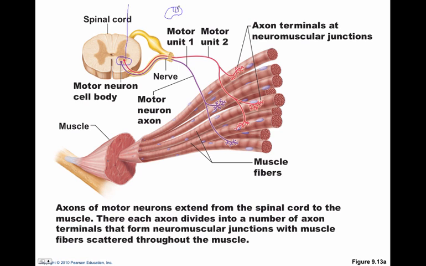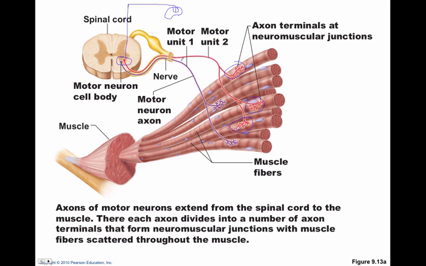Within this area then, we're going to send a motor signal down to neuronal cell bodies within the spinal cord. Those neuronal cell bodies are going to send their axons off, and those axons are going to split, and they're going to terminate and branch more times at a smaller level at these individual muscle fibers or muscle cells.